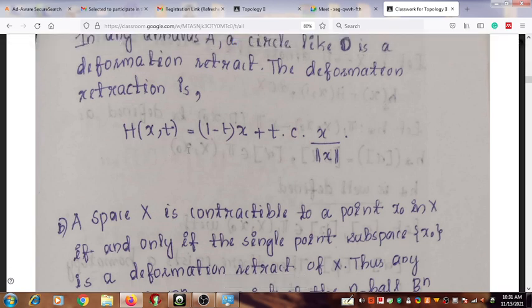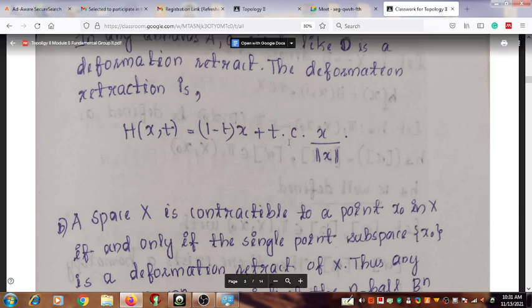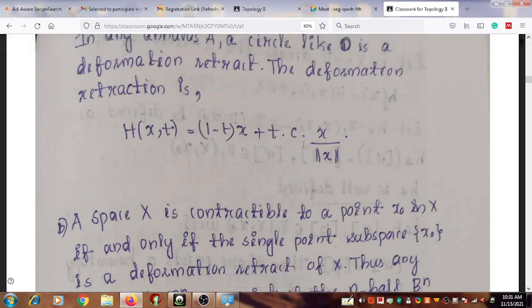You should note the change in that function definition, and then you can verify it just as in the case of the first example. You can verify by taking t equal to 0 and t equal to 1 separately, and then you can show the required answers are obtained.